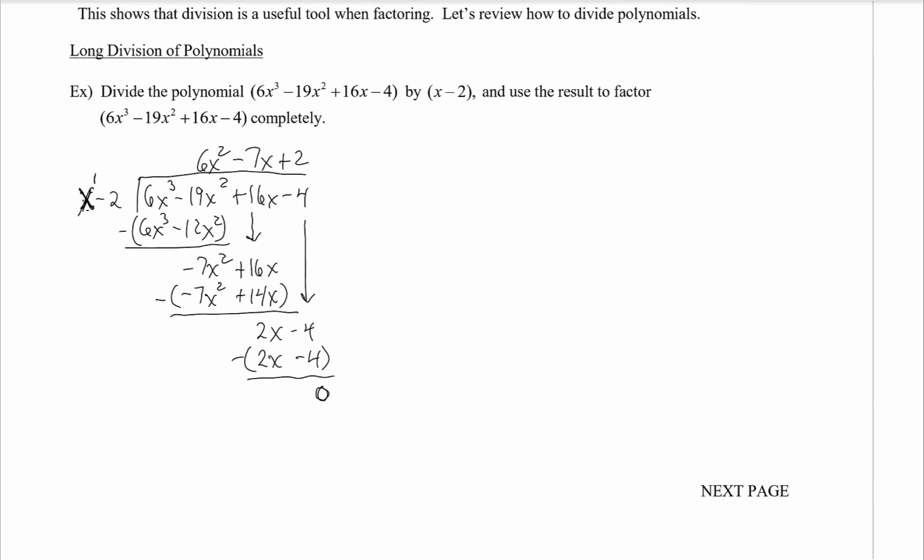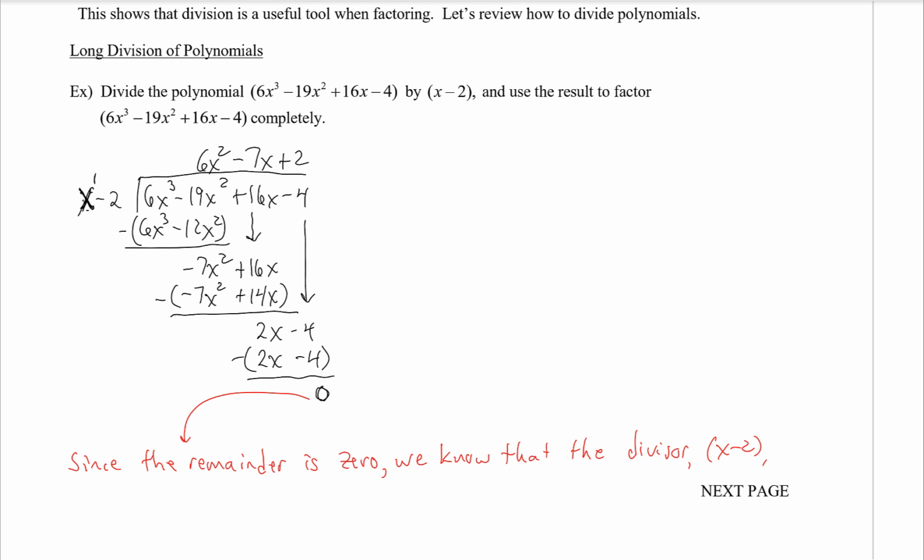That's important. So since the remainder is 0, we know that the divisor, which was x minus 2, and the quotient, which was 6x squared minus 7x plus 2, are factors of the dividend, which was that cubic.